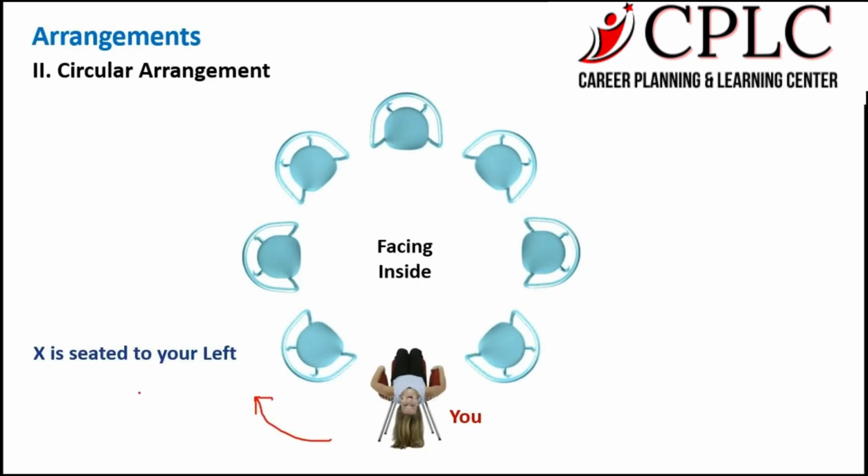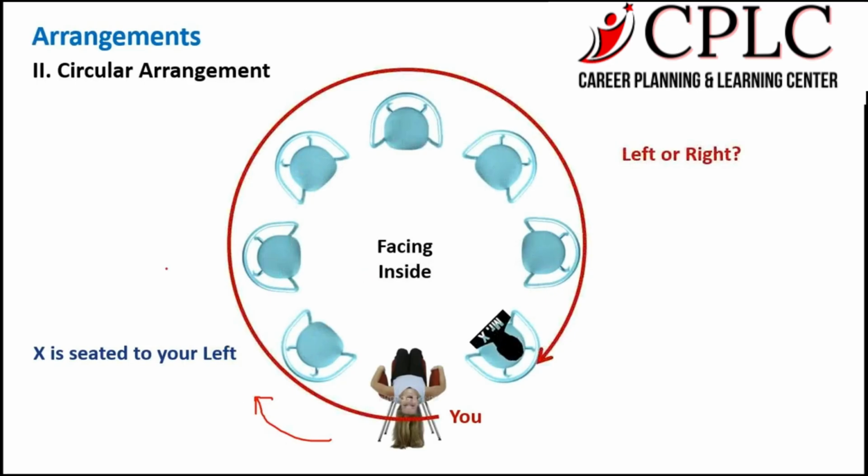They have said that X is seated to your left, but they have not specified which position exactly. As we have seen in the linear arrangement position marking concept, all scenarios are possible, either the immediate left or two places to the left and so on. So it can be any of these positions because they have not specified anything. If I talk about only this particular position, it's of interest, because even though it is 7th to the left, it is also to the immediate right.